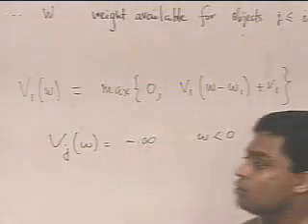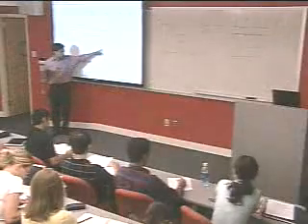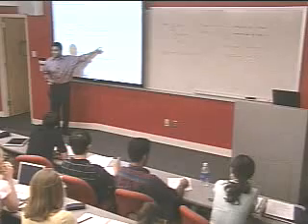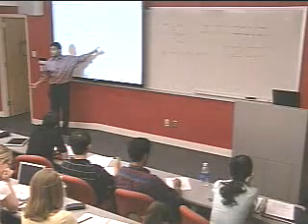That way I don't have to worry about it. This recursion is not quite right because I have to make sure that Wj is less than or equal to W. If the total budget that's available for me is smaller than the weight of the object, I can't put it in.